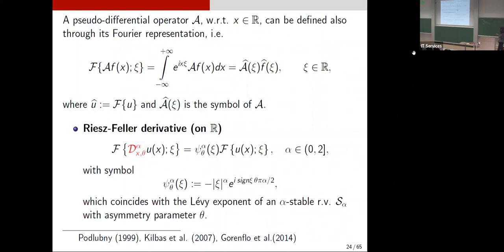While in the case of the Riesz-Feller derivative, we obtain the second order derivative when alpha is equal to 2. So in this case, you see, in fact, the Lévy exponent of the second order derivative. But we will use it later.